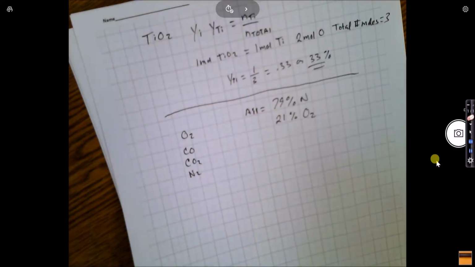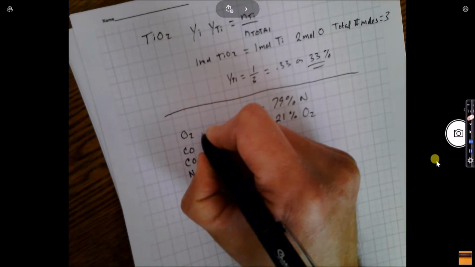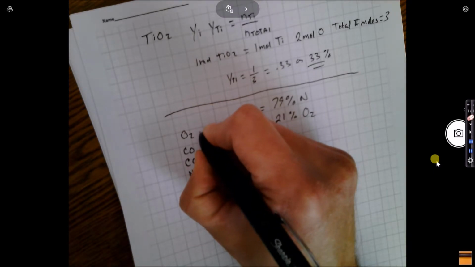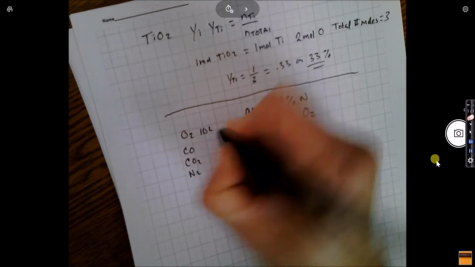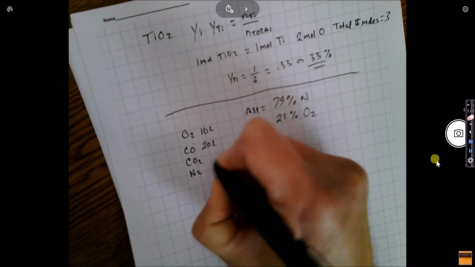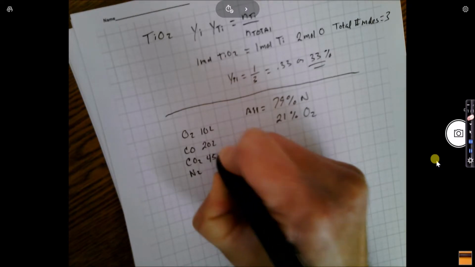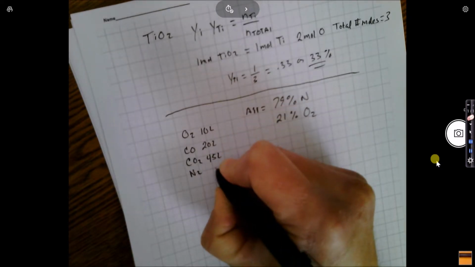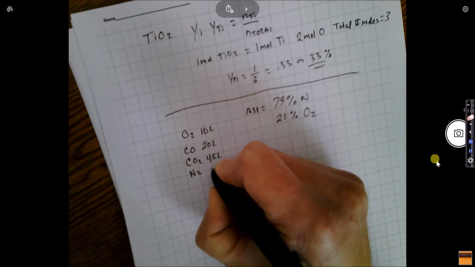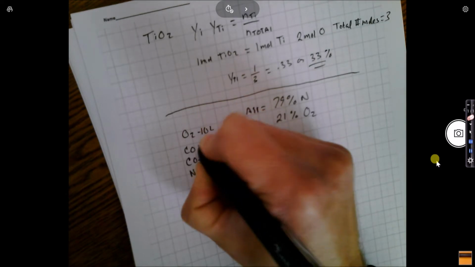So let's take a quick look at an exhaust gas. Let's say we can look at it from 2 ways. So let's say we have 10 liters of oxygen, 20 liters of carbon monoxide, 45 liters of carbon dioxide, and I don't know, let's do 25 liters of nitrogen, okay?